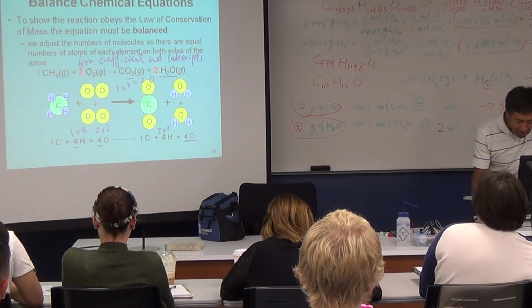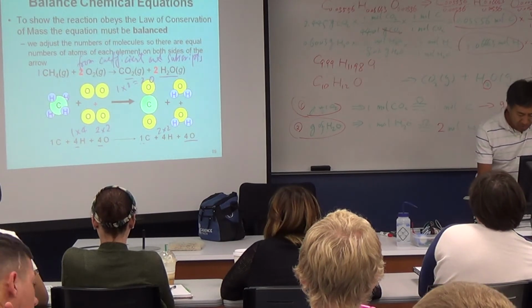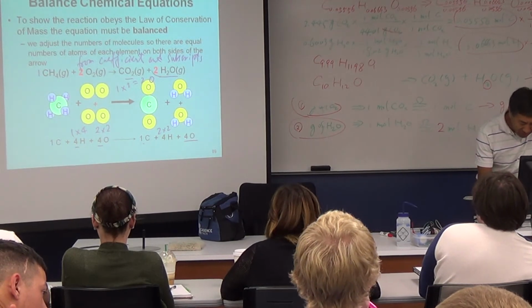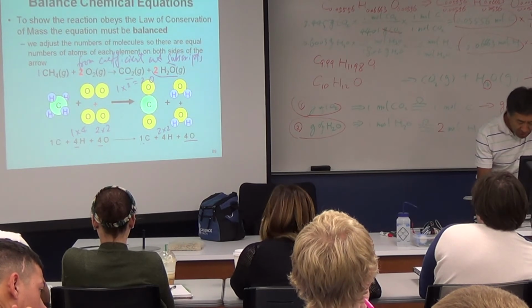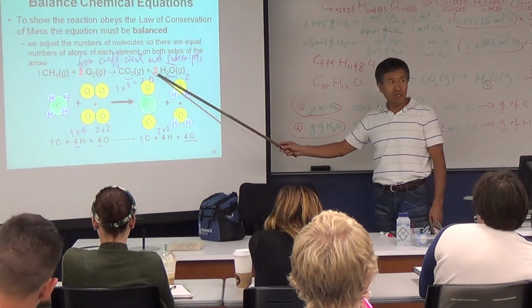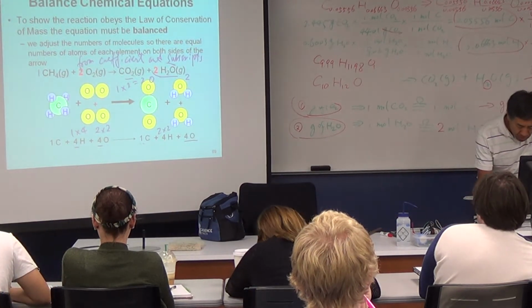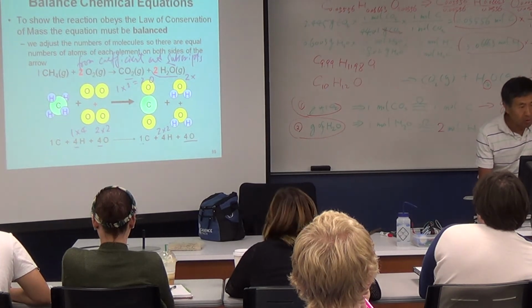Now from this, how many O do we get, from all this together? Again, this red 2 is the coefficient. There are 2 waters, and in 1 water there are how many O? 1. Very good.